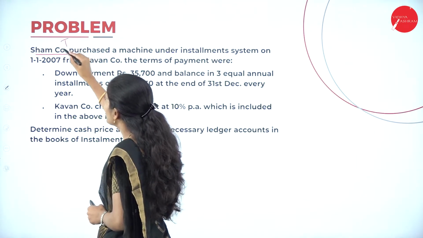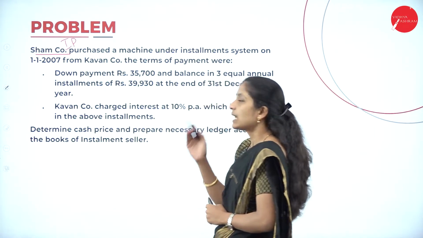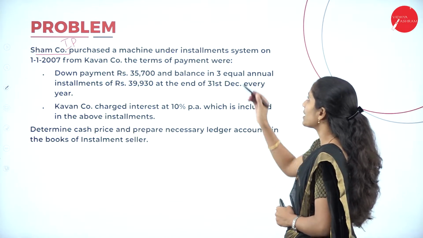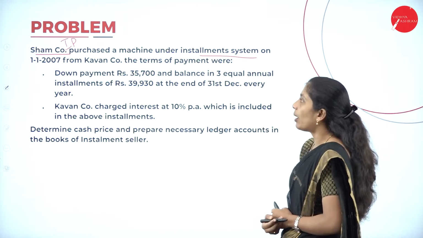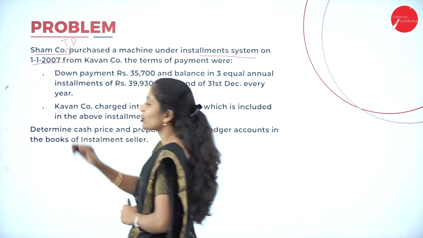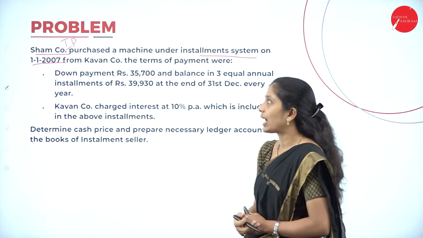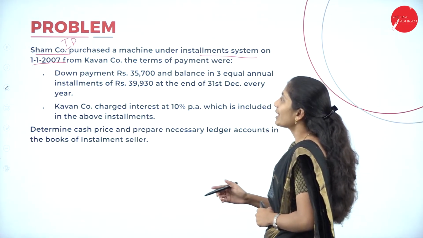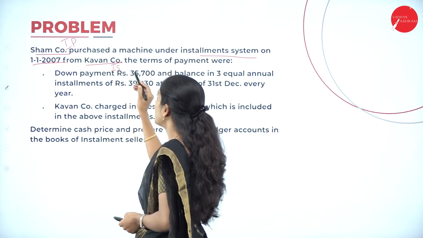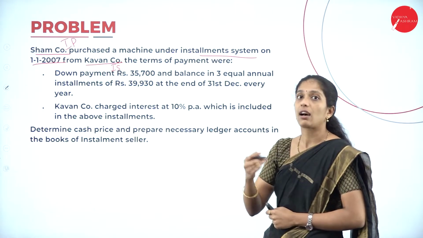So they are installment purchaser, because they have purchased a machine under installment system on 1/1/2007. So as I told, date is also very important. So they have purchased the asset on 1/1/2007 from Kavan company. Now who is Kavan company? Installment seller.